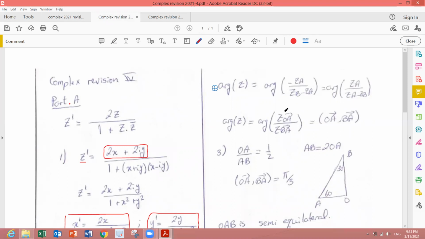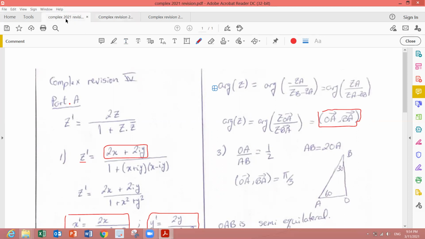So argument of z is the angle (BA, OA), or I can put it pi plus (AB, AO), or I can put it (AO, AB).